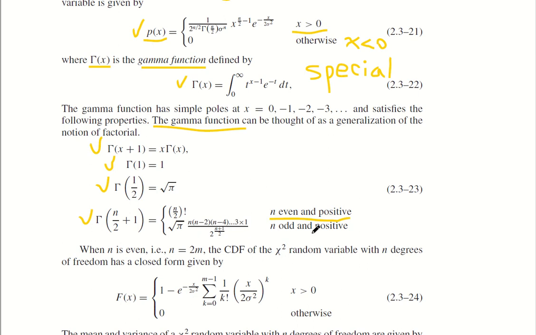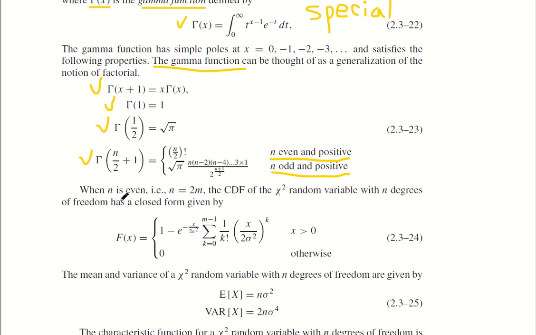If n is odd and positive, then it will be something like this. In any case, it has a factorial structure, like n divided by 2 or something like that. Okay, so that is the gamma function.